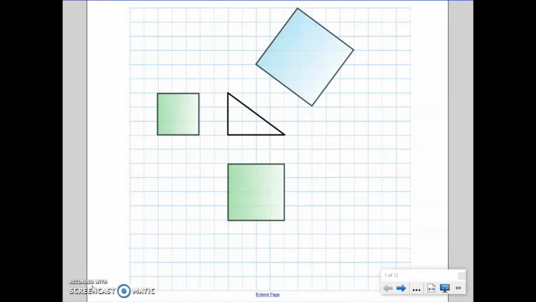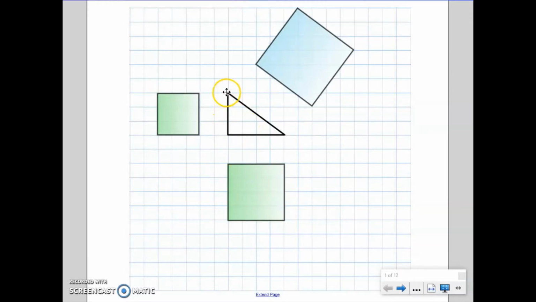What Pythagoras' theorem tells us is that if we take the two shorter lengths of a triangle, square this length and square this length, and add the totals together, we will get the square of the longer length, the square of the hypotenuse.